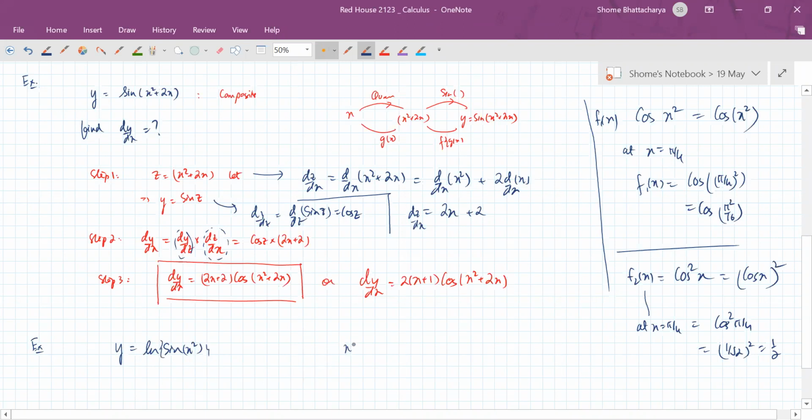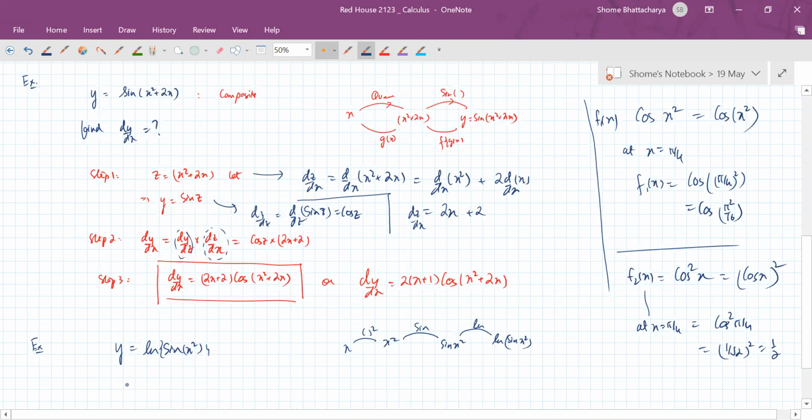Yes, sir. So on x we've operated whole square first, so we've got x square. On that we've operated sine, so we've got sine of x square. And on that we've operated ln, so we've got ln of sine x square. So we just have to substitute more variables.